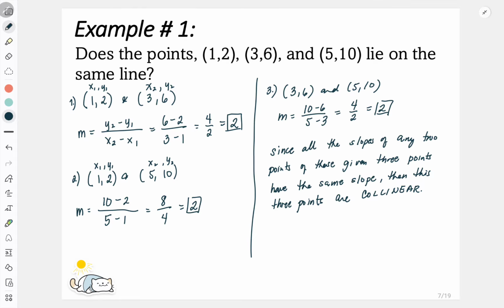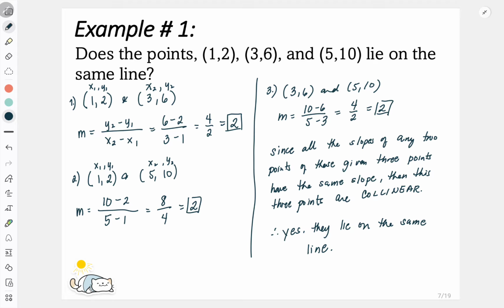Okay, so to answer the question, therefore, yes, they lie on the same line.